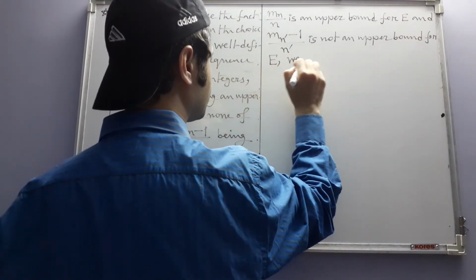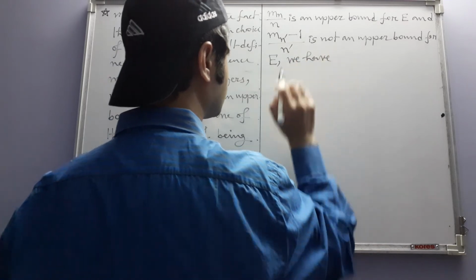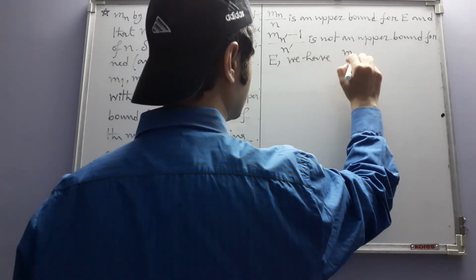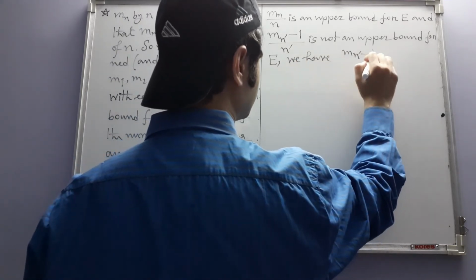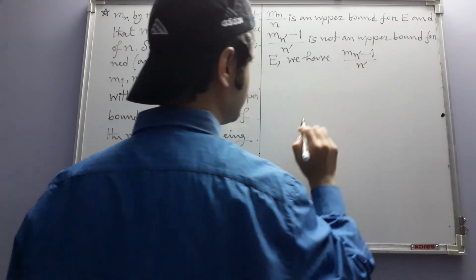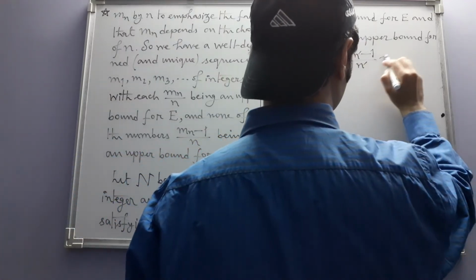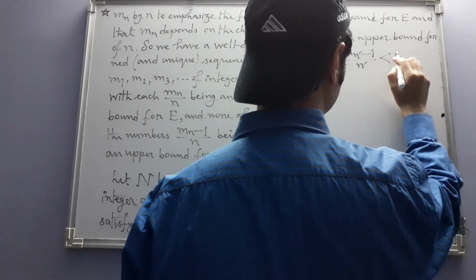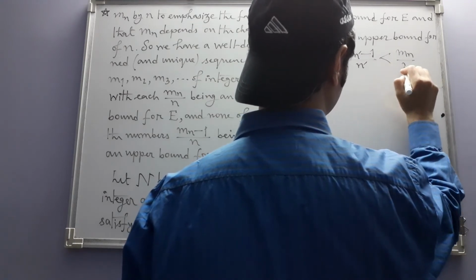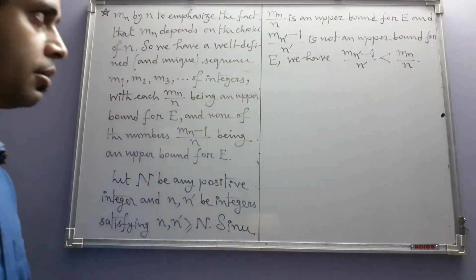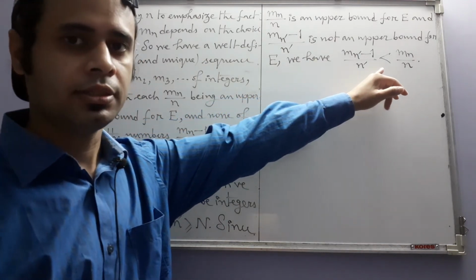We have (m_n' − 1)/n' less than m_n/n. How are we concluding this inequality?